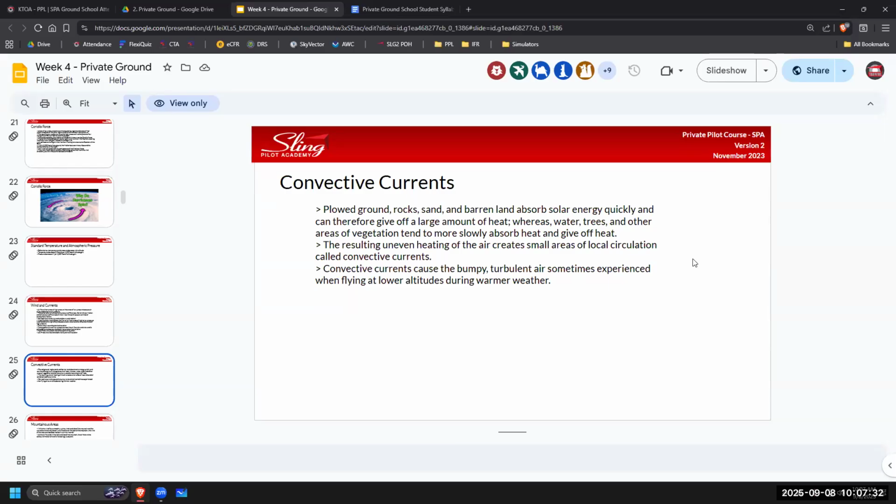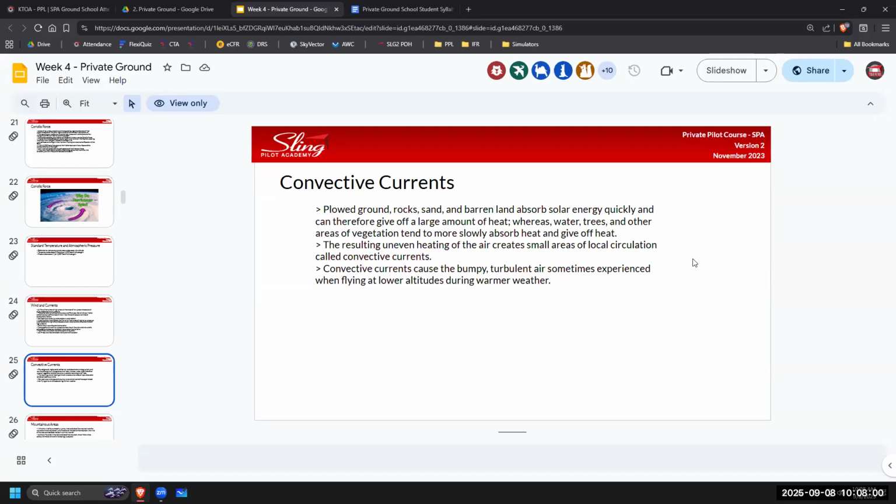So during the summer, if you're flying closer to the ground, like you're on approach to a runway, you can get bumped up by turbulent air. We call them updrafts because of the unequal heating of the ground, right? The heating of the ground is creating that rising air that's knocking you up 100 feet or whatever it is, right over the runway, okay?